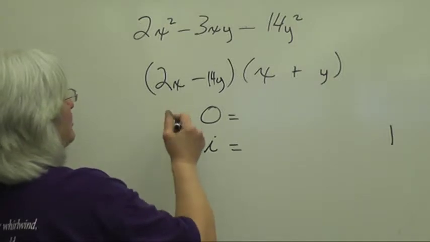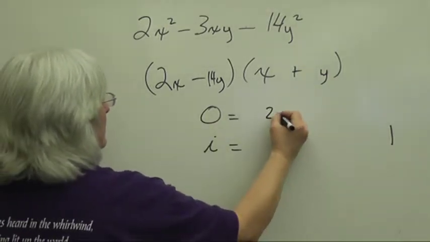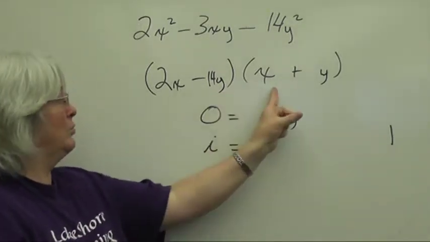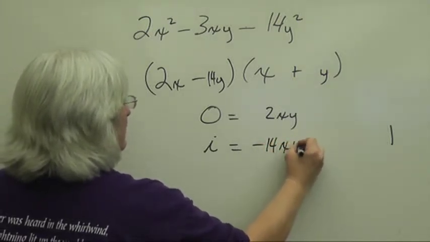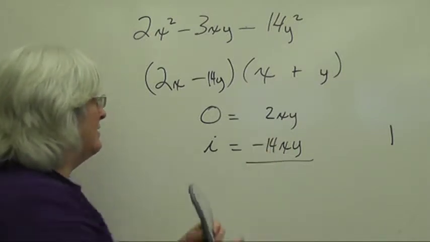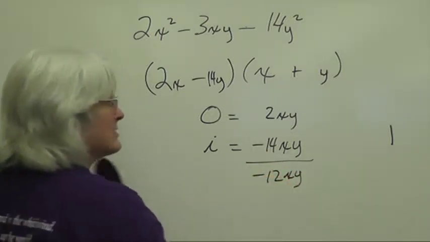What's our outer product? 2x times y, 2xy. Our inner product, negative 14yx. Put those variables in alphabetical order, add them together. We have a negative 12xy.